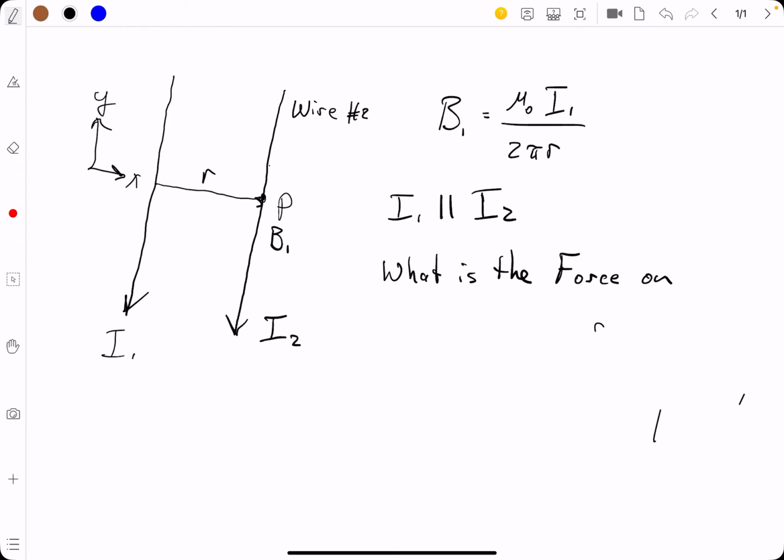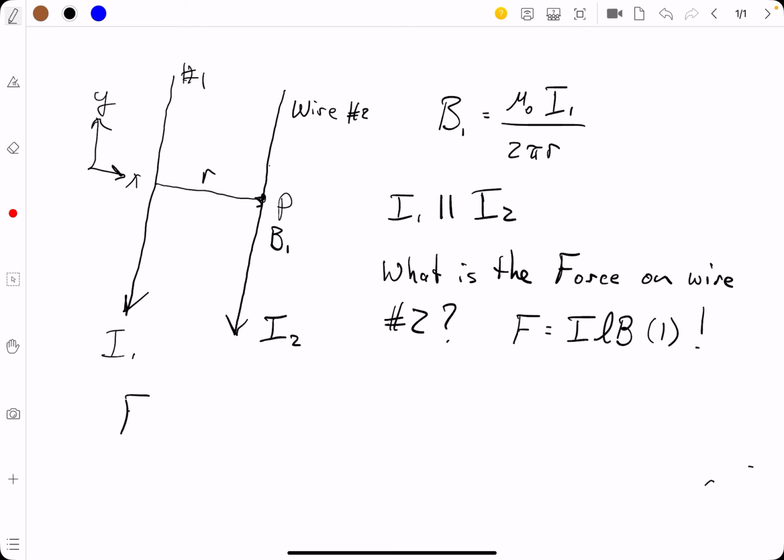Wire number 2. And of course, this is wire number 1. So what is that force? What do we use to do this? Well, F equals ILB. Everything's perpendicular to each other, so we're multiplying by the sine of 90 degrees. So we don't have to worry about that. And that's what we're going to use.